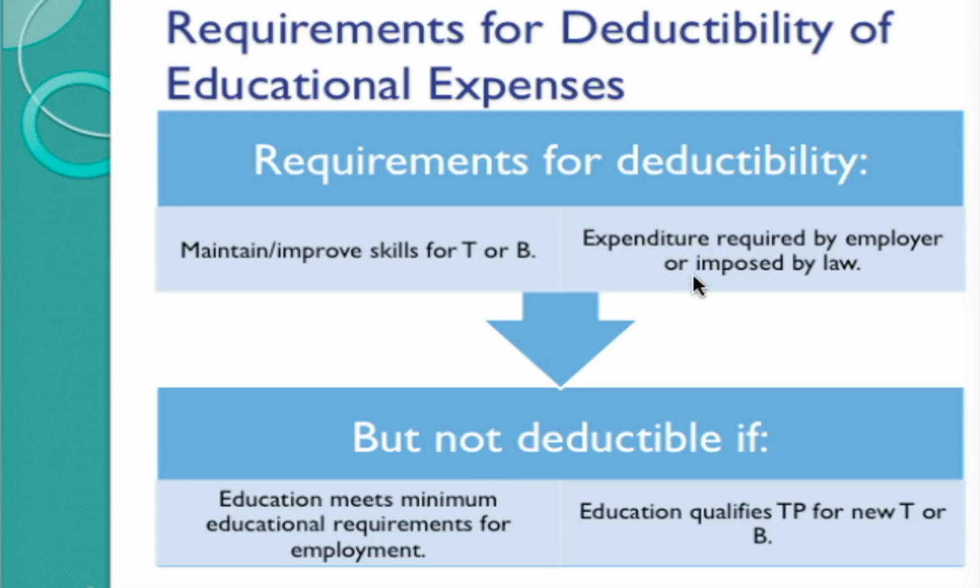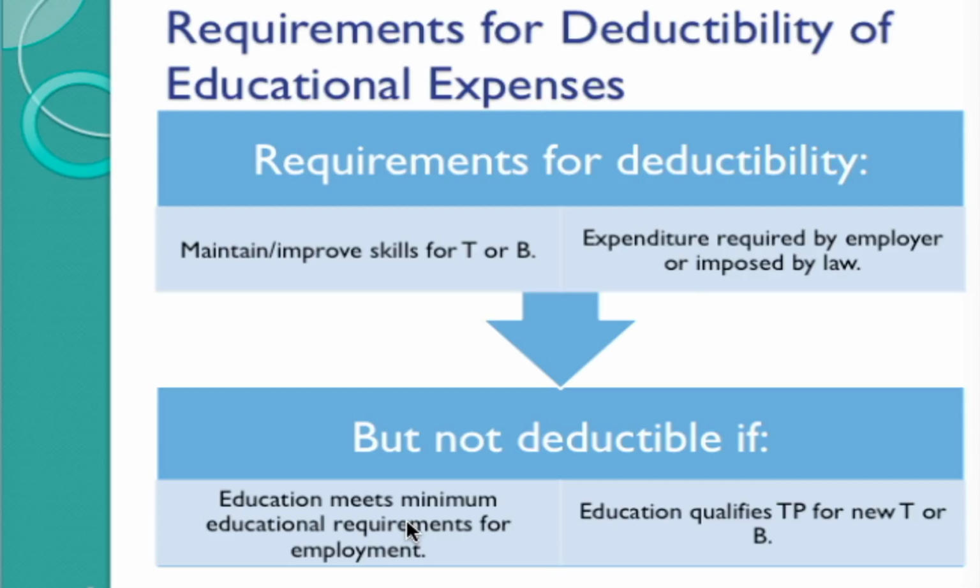So that seems a little confusing there, but basically if your employer requires that you do this, it's deductible, but not if it's a blanket requirement for your position that you have to have a minimum level. Let's say you have to have a bachelor's degree to meet the minimum education requirements for employment here.